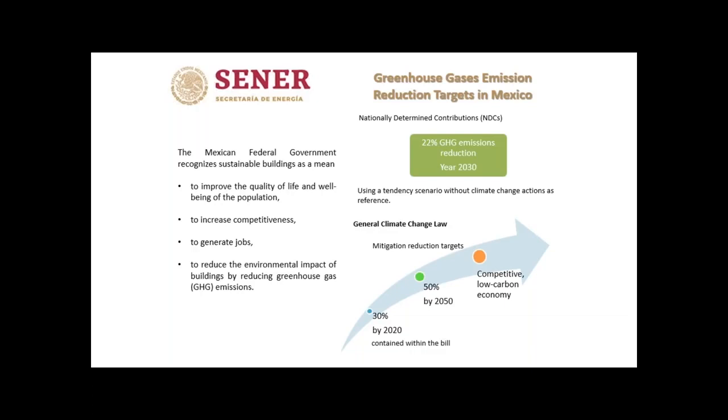And we have another goal about the general climate change law. This establishes a mitigation reduction target of 30% in 2020, 50% in 2050, and so on.